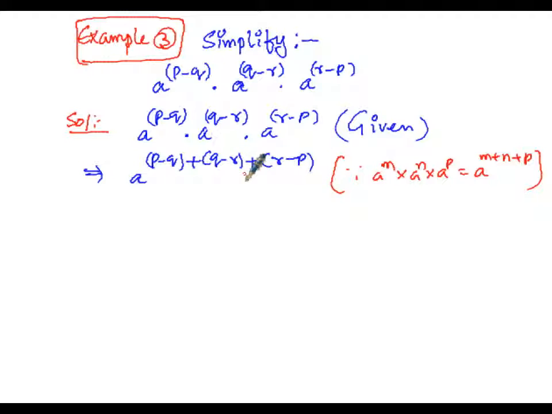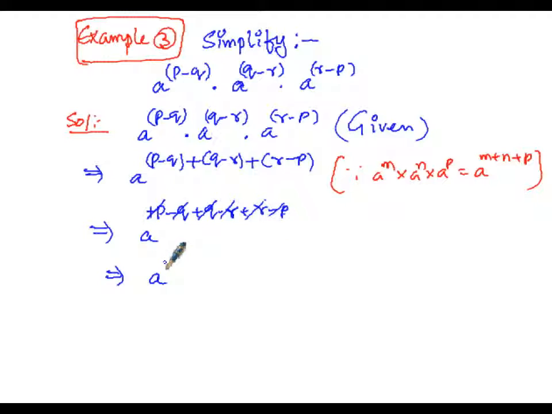So that implies a to the power of, by removing the brackets, p minus q plus q minus r plus r minus p, because before this bracket there is a positive sign, no need to change the signs. Whereas here also before this bracket q minus r there is a positive sign, so no need to change the signs, and p is positive and here p is negative, we can cancel. Minus q and plus q also get cancelled, and minus r and plus r also get cancelled. Then that implies a to the power of nothing is left over in the exponent.